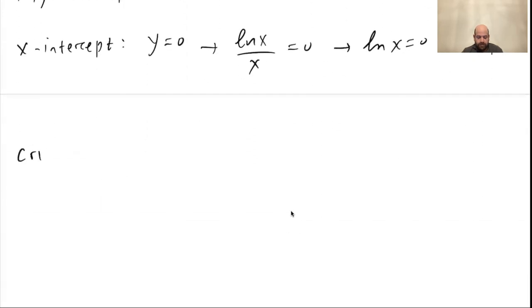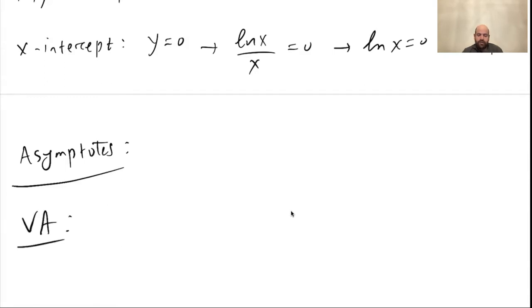And then we need to find a critical, or let me find asymptotes first. Asymptotes. Well, for vertical asymptotes, we know that if you have a logarithm, the zero of the expression inside the logarithm could be potentially a vertical asymptote. Also, if you have denominator, zeros of denominator could be potentially vertical asymptotes, but of course we need to check.